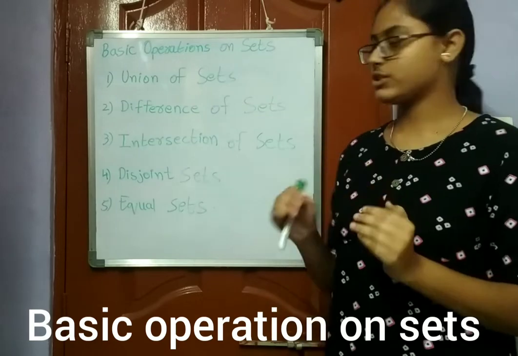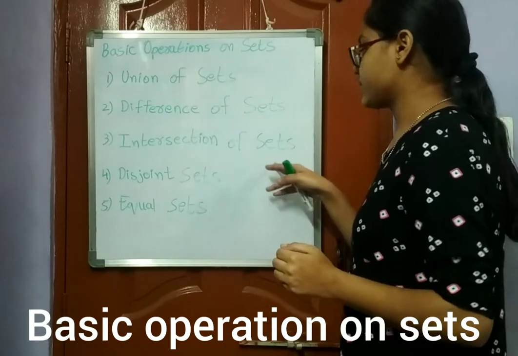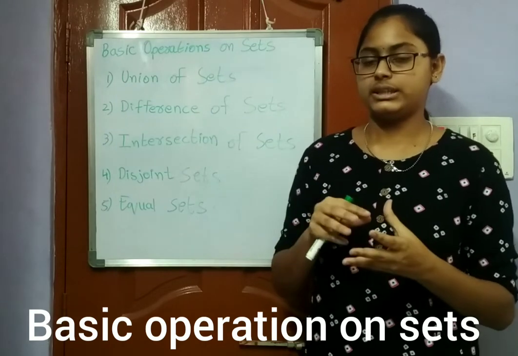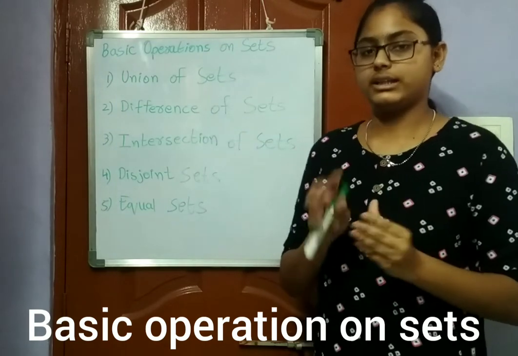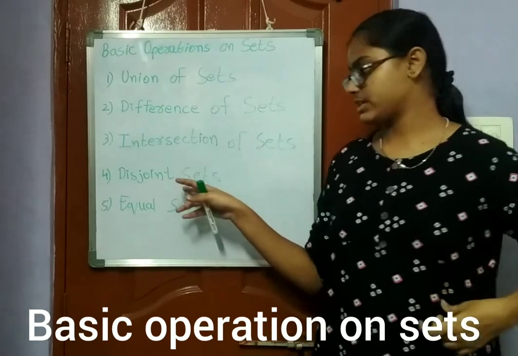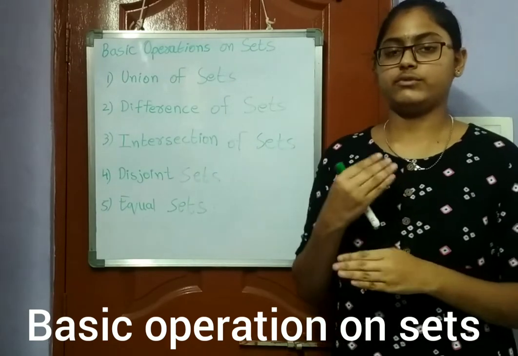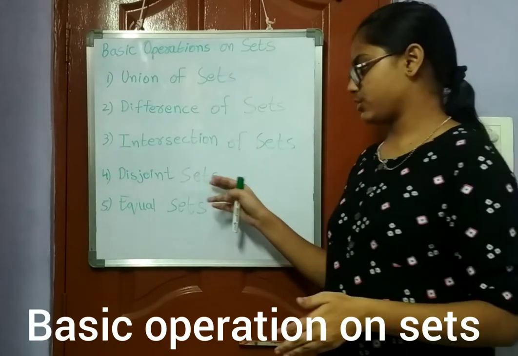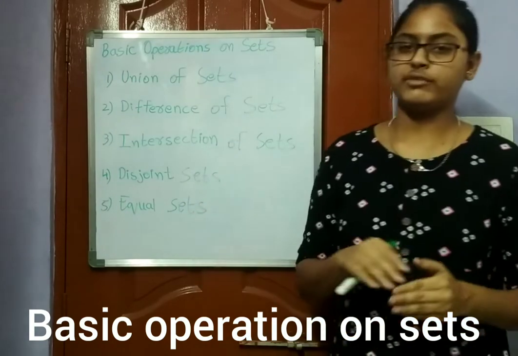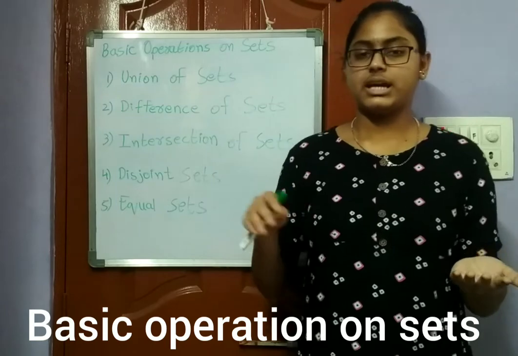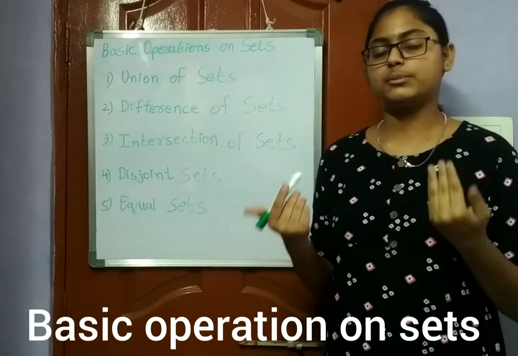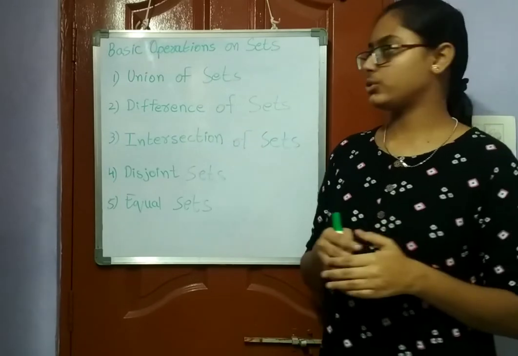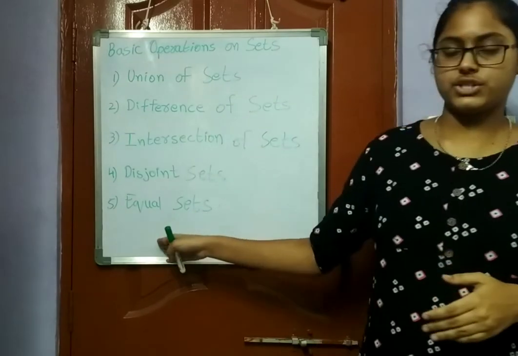Intersection of sets: if any two given sets have something in common, then that will be the intersection. Disjoint sets: the sets in which no elements are common. And equal sets: if all the elements of a given set are equal to another set, then both sets are said to be equal sets. Let's take some examples and try to apply all these operations.